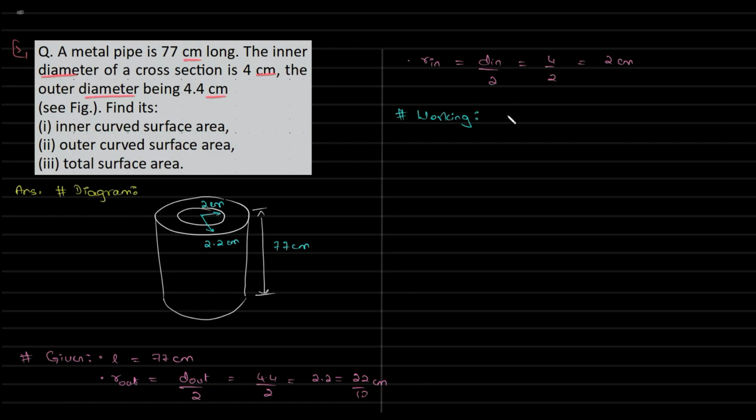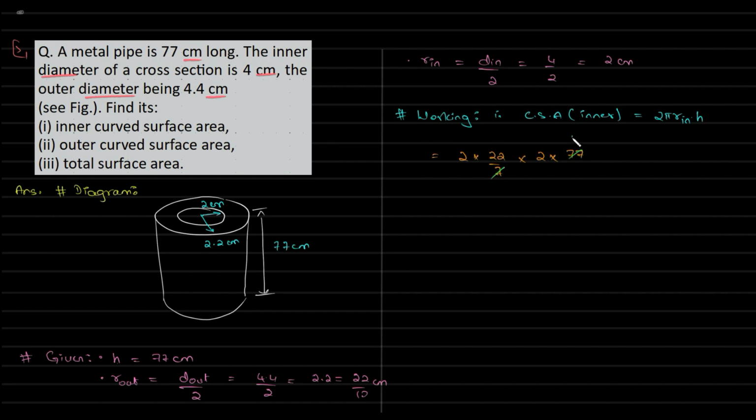So let's begin with the first one, that is curved surface area of inner, which is given by 2 pi r h. Here height is common for both, or length. Okay, let me convert this to height. And now we just have to substitute. So 2 into 22 by 7 into inner radius 2 into height 77.